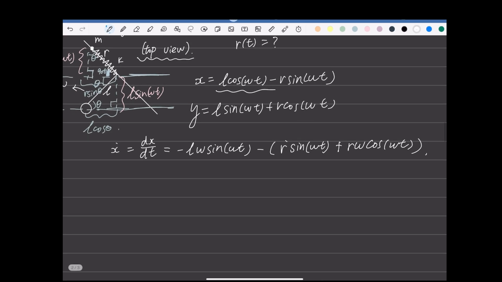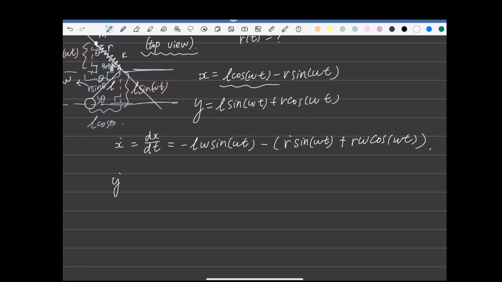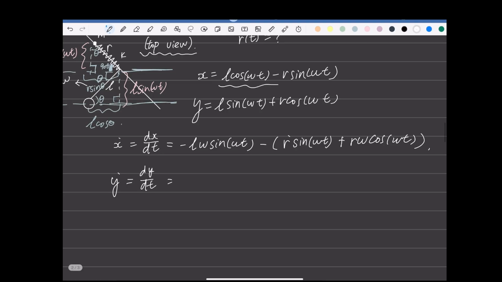And then let's get y dot, which is dy/dt. What is dy/dt? It's basically the same thing. So it's L omega cosine omega t for the first term, and then again the chain rule here.